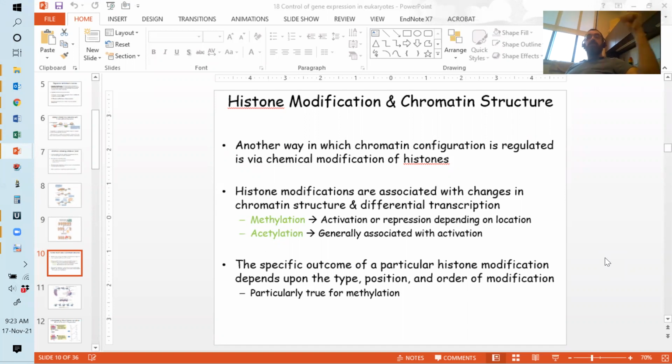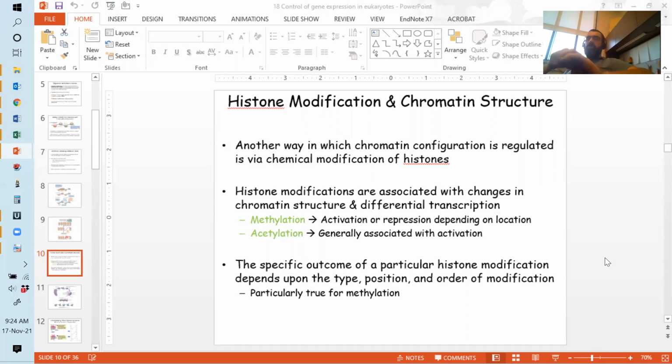It's actually a lot easier just to get rid of the positive charge. And so histone modifications are really all about the charge of the histone protein, right? And that dictates how tightly the DNA is bound to it. And that in turn dictates how available the DNA is for all these other things to access it.